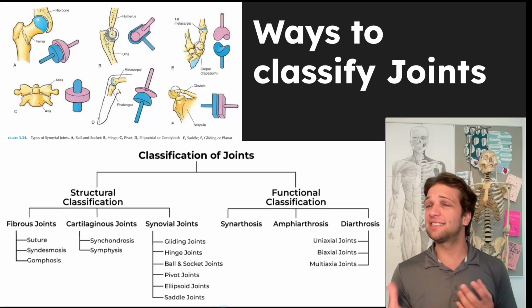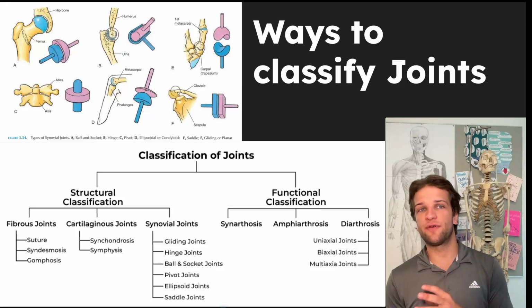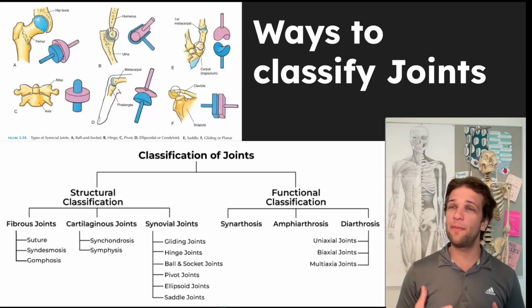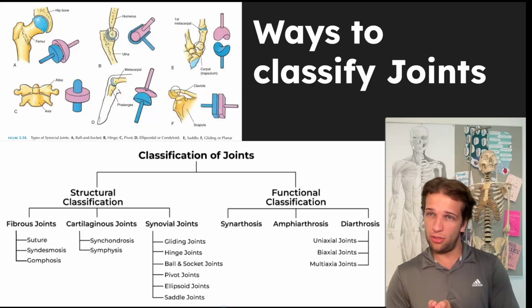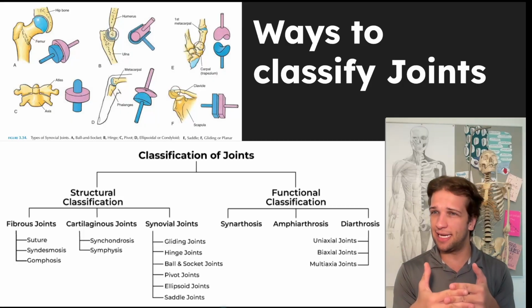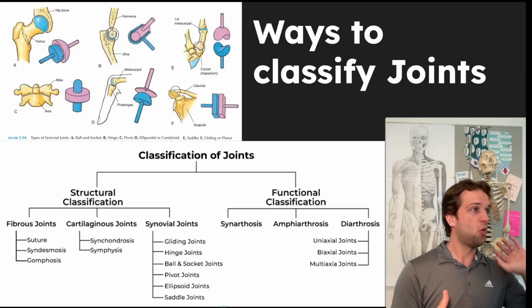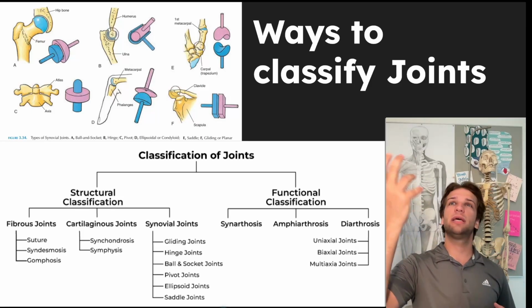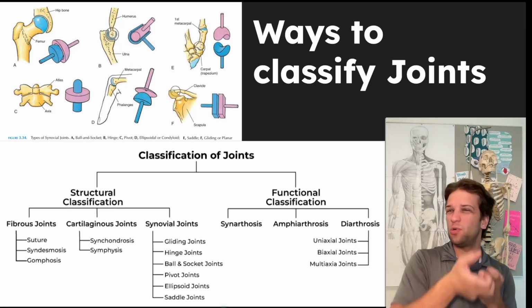And so we can classify joints in a lot of different ways, right? We have two general ways to classify joints. We can classify them based on their structural classification. So what actually makes the two bones connect, right? Is it made of one connective tissue or another? Is it made out of ligaments, tendons? Does it have fluid in it, right?